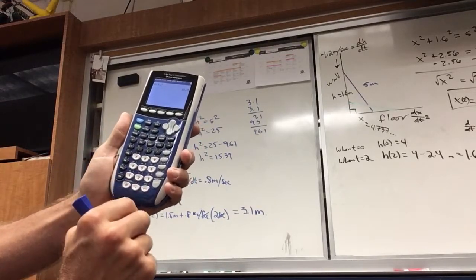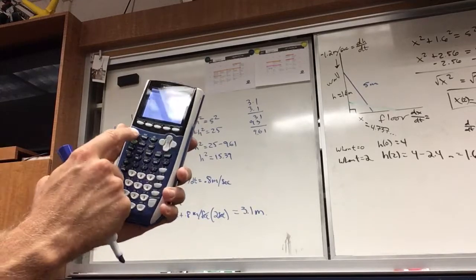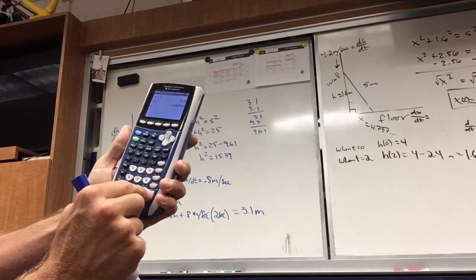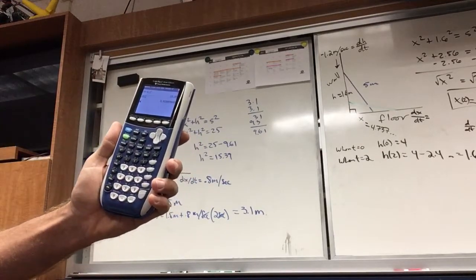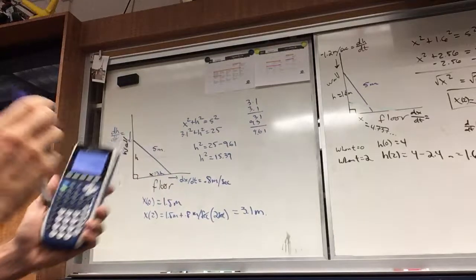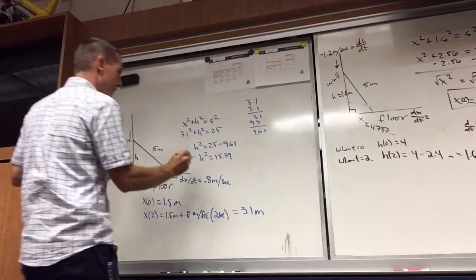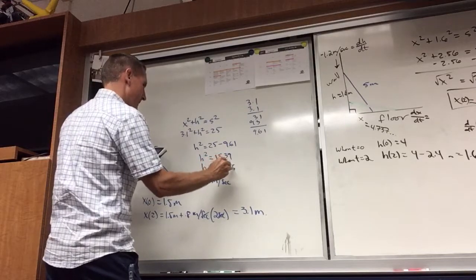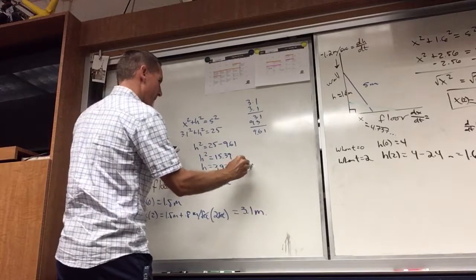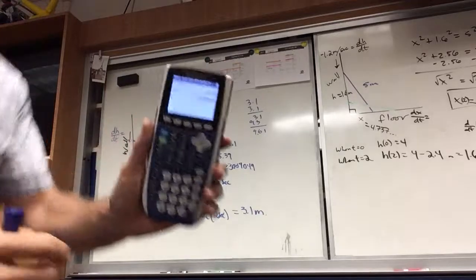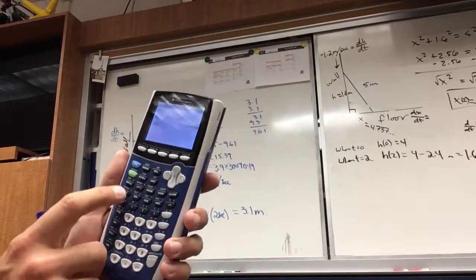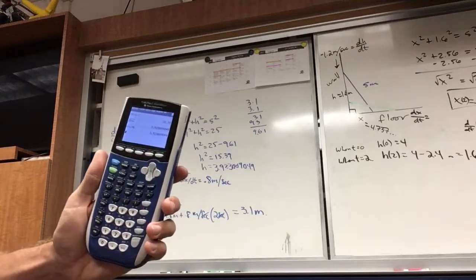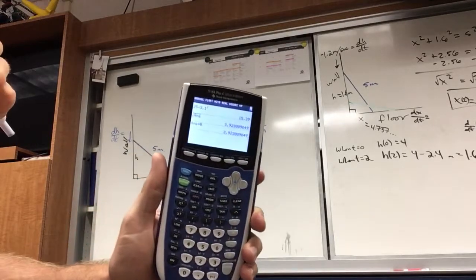I get 15.39, and then I take the square root of that, and I get 3.923 something. I'm going to store that as alpha B, so I can always go back and have that stored in my calculator.